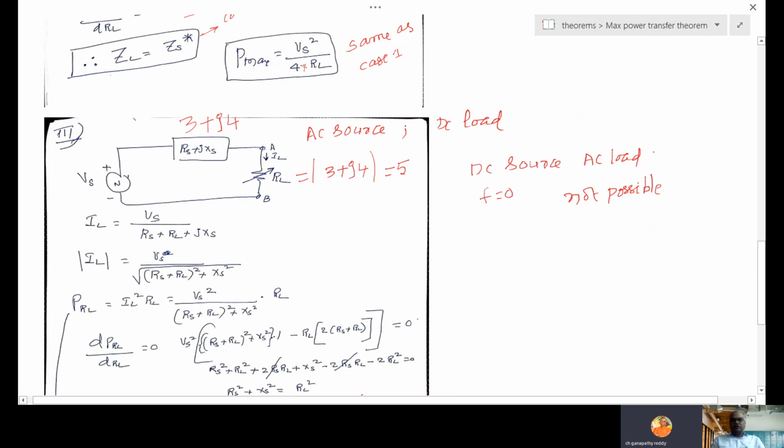So if it is an AC load like RL plus J XL, what is the value of XL? It is omega L. What is omega for DC? This is 0, so when frequency is 0, 2 pi f, omega is also 0. So XL will become 0. Only load will contain RL. So when source is DC, AC load has no scope, it will become only RL. That's why the fourth case is not possible.